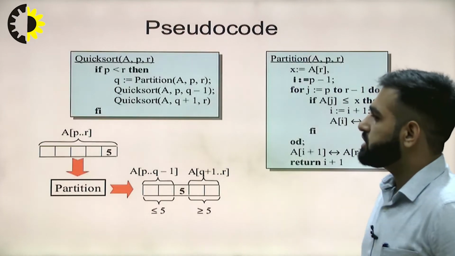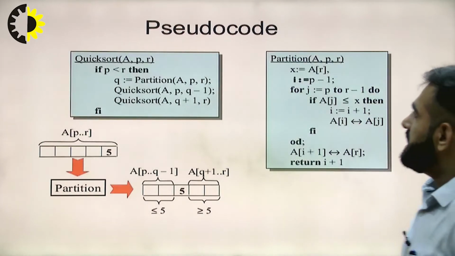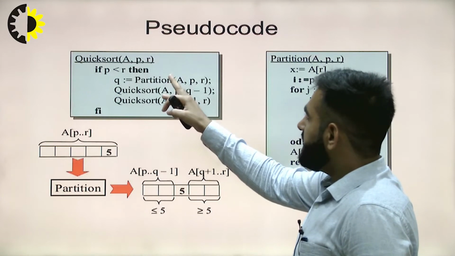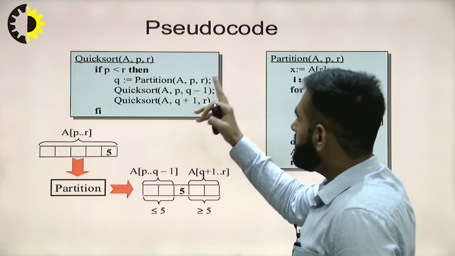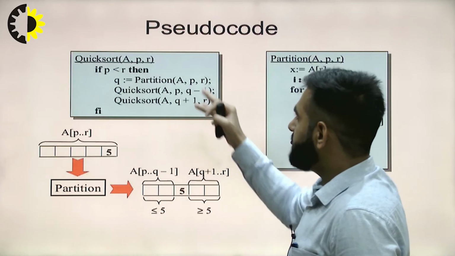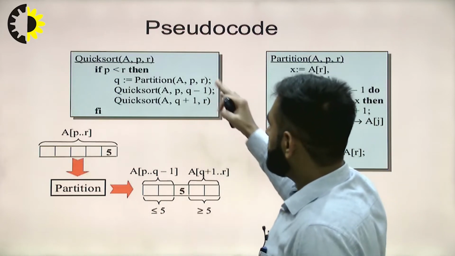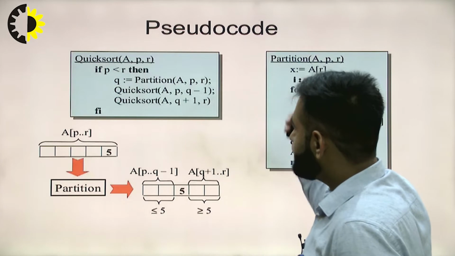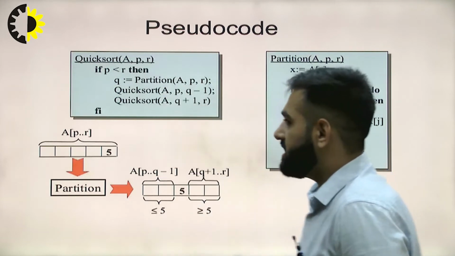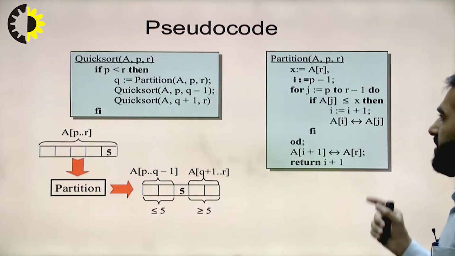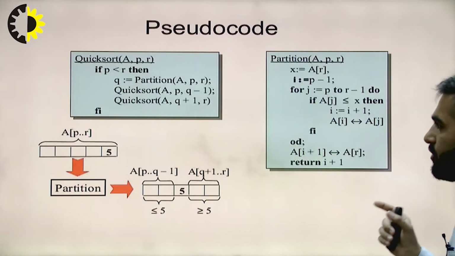Now, this is the algorithm of quicksort. See this part. In this quicksort, there is an array A with two indices, p and r. p is the starting index, r is the pivot element. Suppose here in this algorithm, we have taken the last element of the array as the pivot element. If p is less than r, that means we are checking the condition whether we have elements in the array or not.